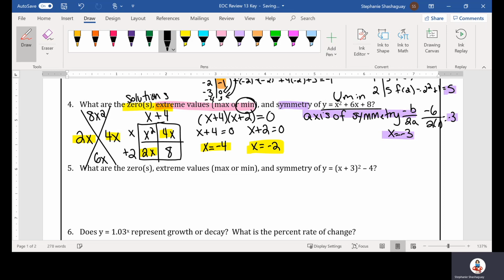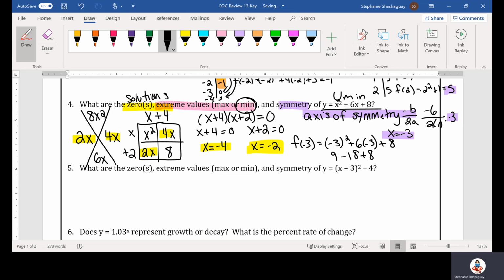And then to find my max or my min value, in this case, because my a is positive, my graph is opening up. So I'm going to have a minimum. So let's find our vertex for our minimum value. So we're going to find f of -3. So that's going to be -3 squared plus 6 times -3 plus 8. Well, -3 squared is 9. 6 times -3 is -18 plus 8.